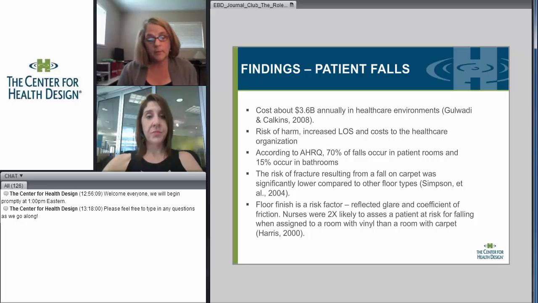Maybe a patient might say, I'm going to get up and go to the restroom, whereas they should be calling a nurse to come assist them. But if they have family present, that family can assist them or call for a nurse to find out if that's an appropriate thing for that patient to do. And so that's kind of the idea behind family presence and how it contributes.